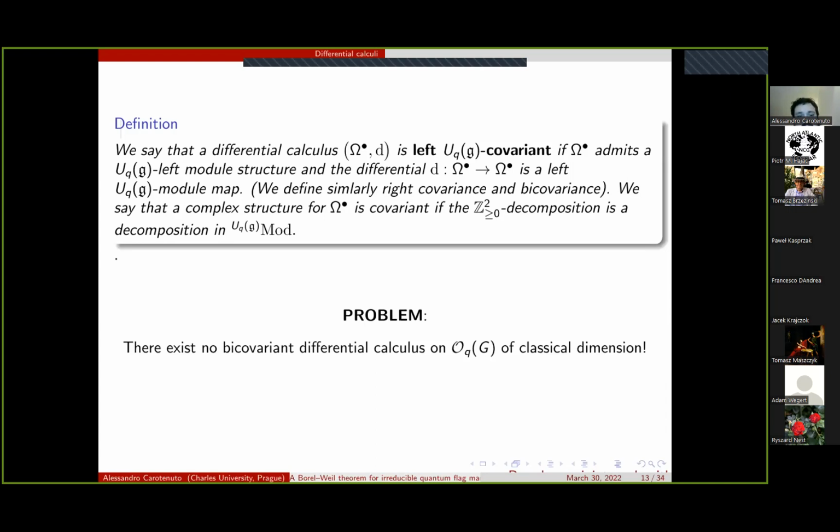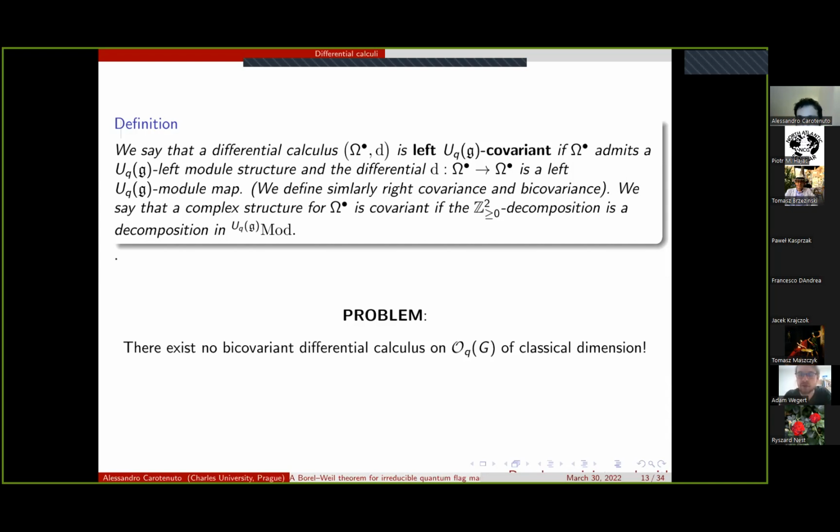And of course we want this structure to be bicovariant and of classical dimension to be called a legitimate deformation. But as a matter of fact, there exists no bicovariant differential calculus of classical dimension over the quantum coordinate ring of a Lie group.